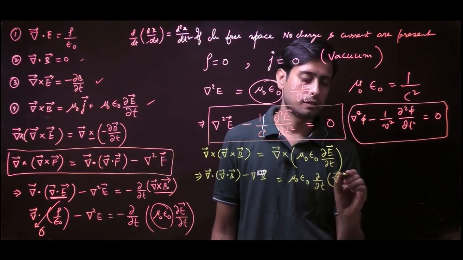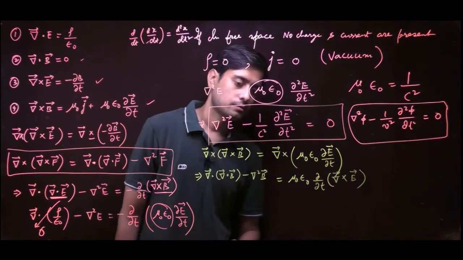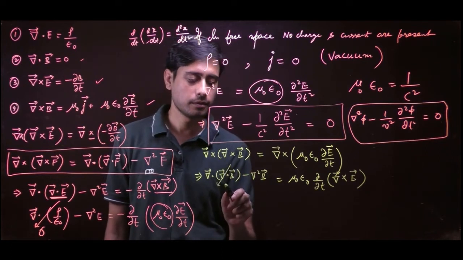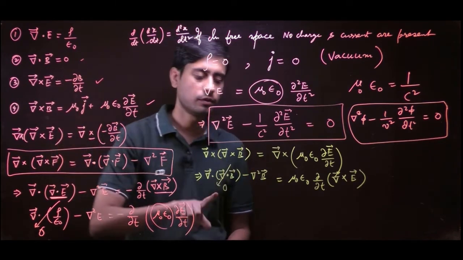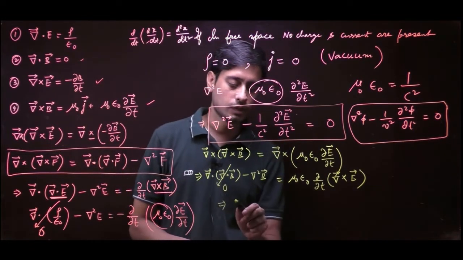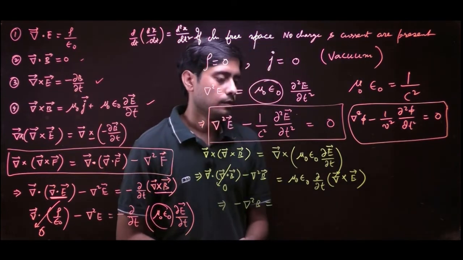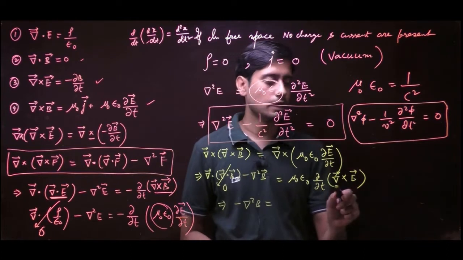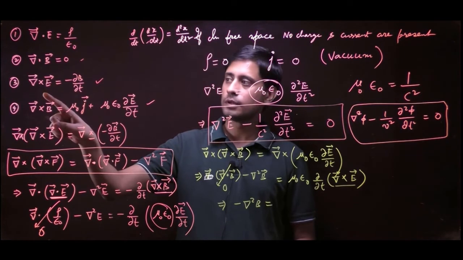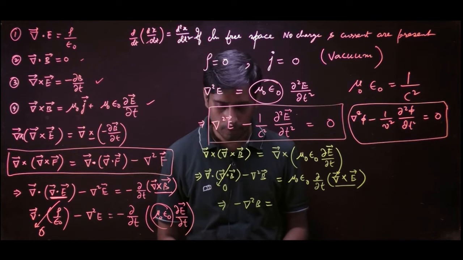So del cross this E term. This term from the second equation is 0, so only this term survives. So del squared B is equal to, now what you have here is del cross E, and from the second equation del cross E is equal to minus del B over del t.